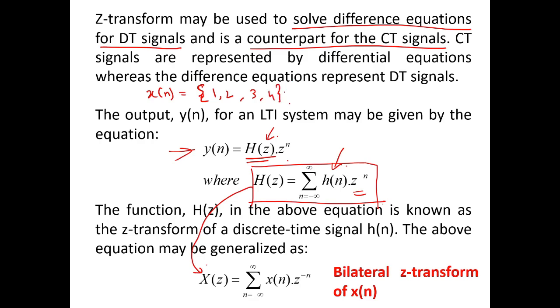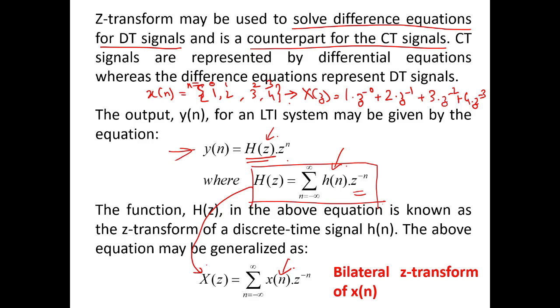If I ask you to find the Z transform, X(z) will be 1 into z to the power minus 0, plus 2 into z to the power minus 1, plus 3 into z to the power minus 2, plus 4 into z to the power minus 3. Here n equals 0, 1, 2, 3. So you take the corresponding n value and just put z to the power minus that n value.